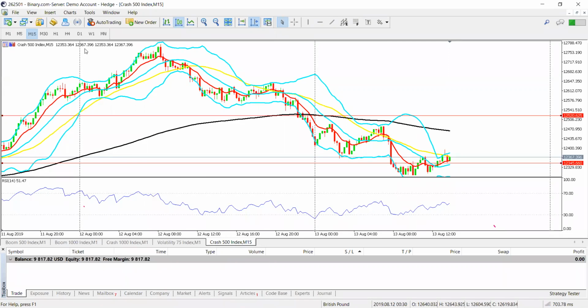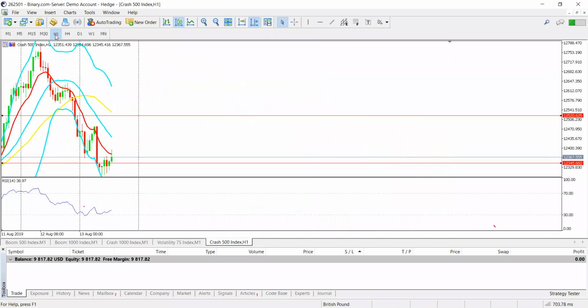The important time frame to watch is the 1 hour, where you can check the trend. Right now we see a very nice thing happening on the Boom 500 that is trying to go up.